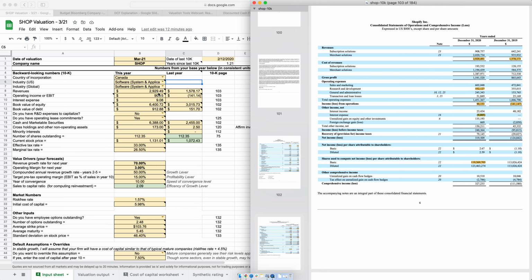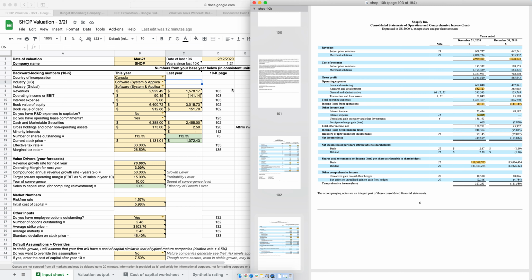When I convert it over, it's basically 2929.49. And then last year it was basically $1.5 billion, and I converted that into 1,578. Cool. Okay, so that's revenues.